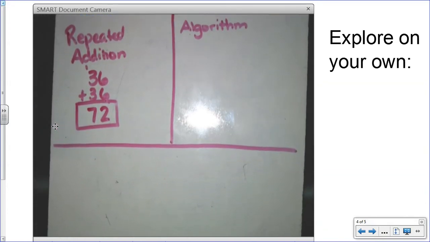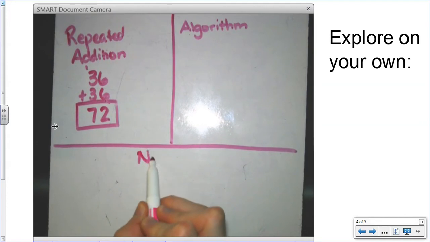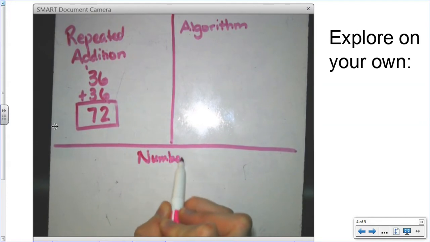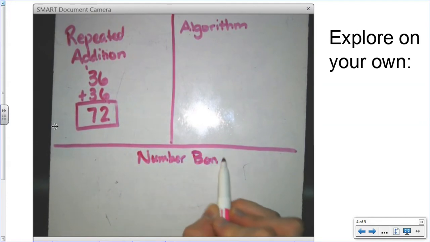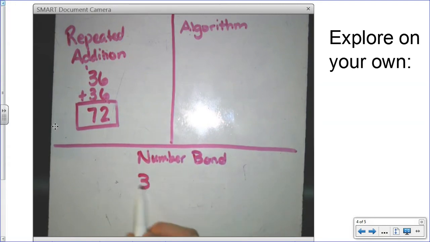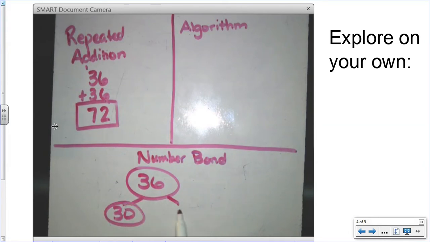And I'm going to save this space down here at the bottom of my board. And looking at the number bond, I can think about 36 being broken down into 30 and 6. And I need to multiply those boxes by 2, right?